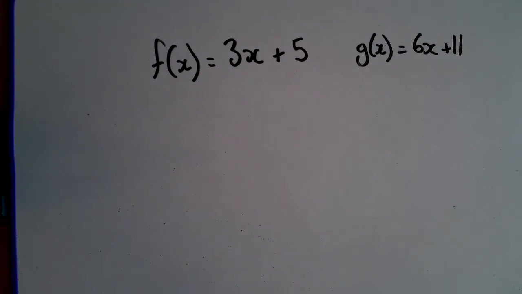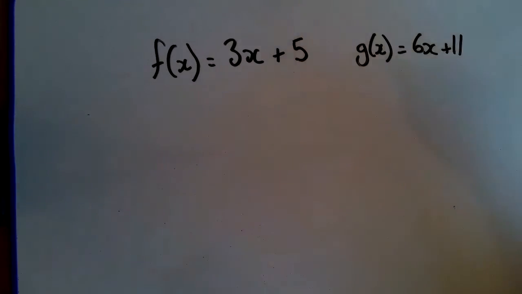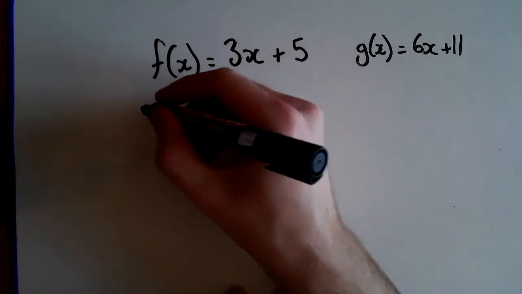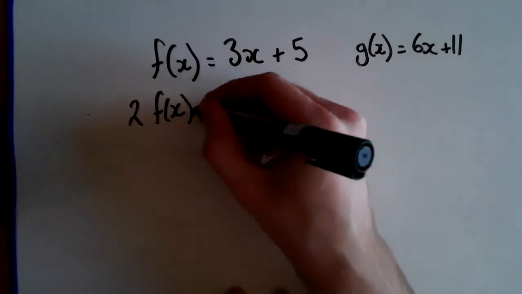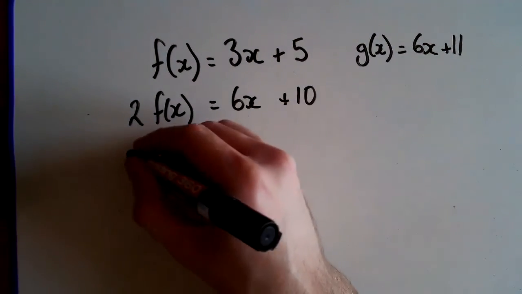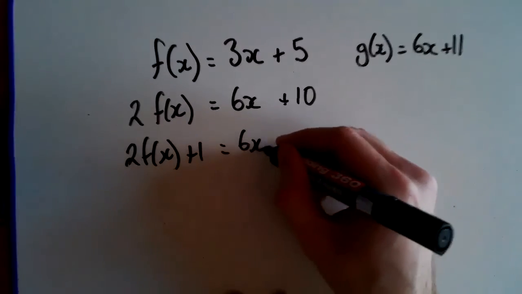So it looks like there's also translation. So there's two things, the stretch and the translation. Now, this could be more than one answer, so I'm going to show you one possible thing. I could, first of all, times this by 2, that gets me 6x add 10. Then if I add a 1 to that, I get 6x add 11.